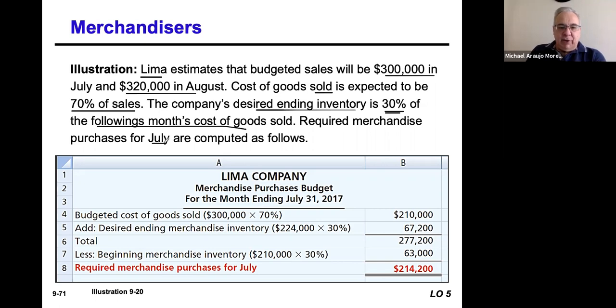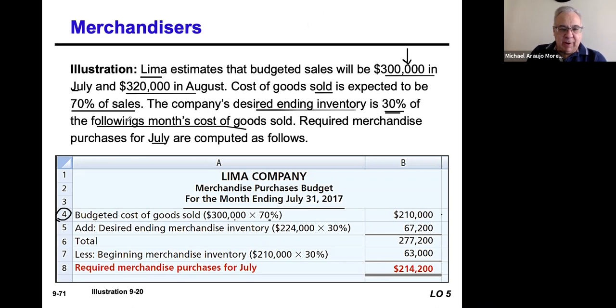Okay, well, first they will tell you that their budgeted cost of goods sold, which is the starting point in that formula we just looked at in the last slide, is going to be 70% of their sales. So 210,000 is 70% of the $300,000 in July sales.